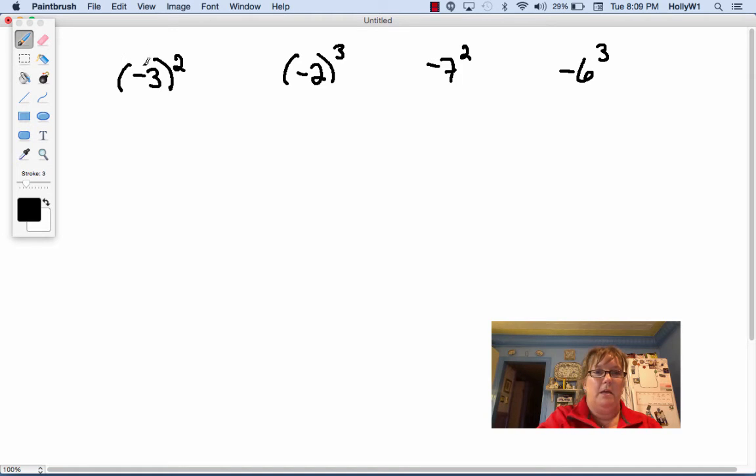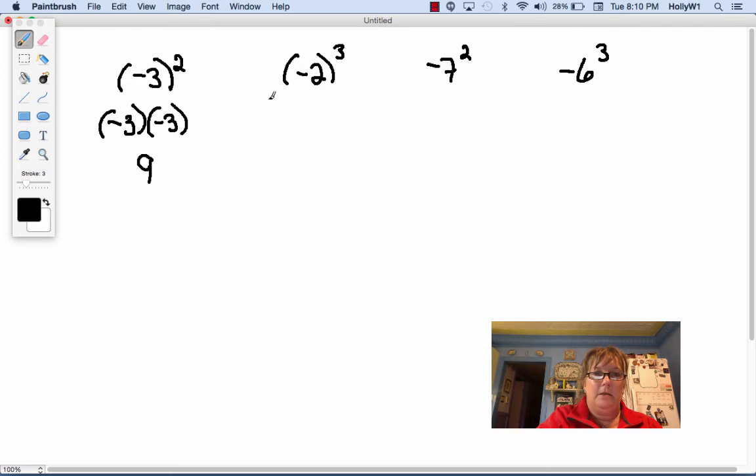Hi, welcome back. So we have parentheses, negative 3 to the second power or squared. Since the 2 touches the parentheses, we take everything that's inside the parentheses. We say negative 3 times the negative 3. Please show your work when you do these. So negative 3 times another negative 3 is a positive 9, because we know negative times negative is positive.